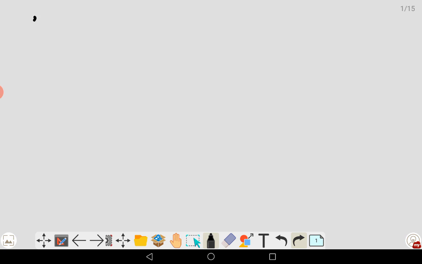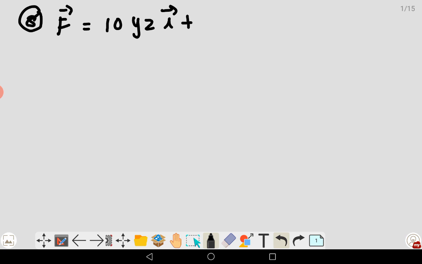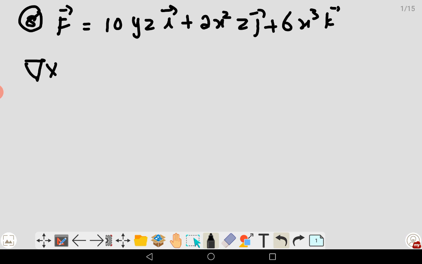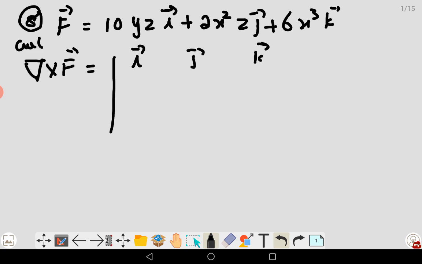So problem number 8 is the f vector, and we are finding curl and divergence. f is 10yz i, 2x square z j plus 6x cube k vector. That is the first question, 8th. So what is curl? Del cross f is called curl. How do you find del? First row is the determinant i j k.